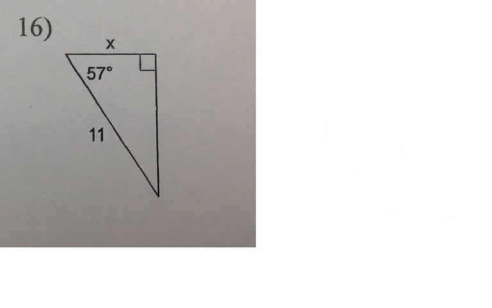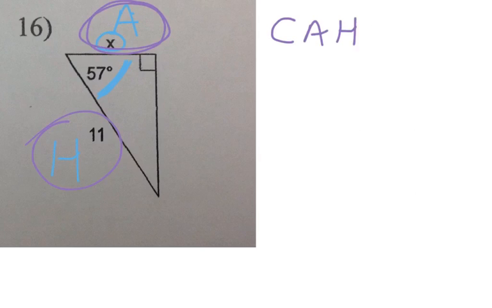Okay. What about this one right here? Well, notice this time the adjacent side is what's missing. Here's my angle 57. X is adjacent to it. 11 is my hypotenuse. So ask yourself, guys, what uses adjacent and hypotenuse? Only one of the three. CAH in SOHCAHTOA tells us that adjacent over hypotenuse is cosine, right?